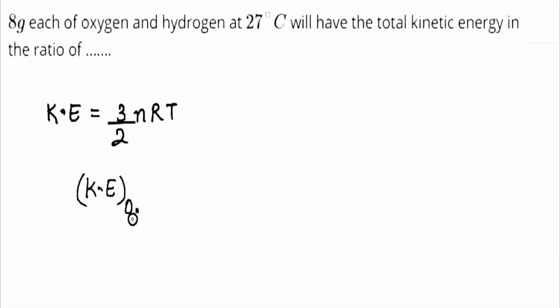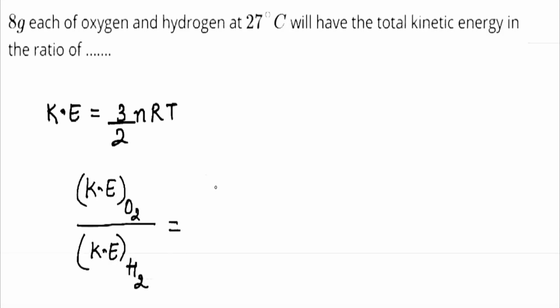The question is 8 grams each of oxygen and hydrogen at 27 degrees Celsius will have the total kinetic energy in the ratio of. So this total kinetic energy is given as 3/2 nRT, where n is the number of moles of gas, R is the gas constant, and T is the temperature. So we have to calculate the ratio of the total kinetic energy of oxygen to the total kinetic energy of hydrogen.